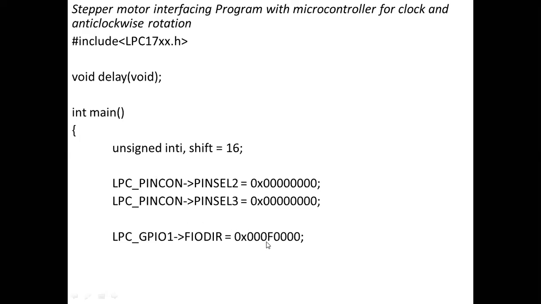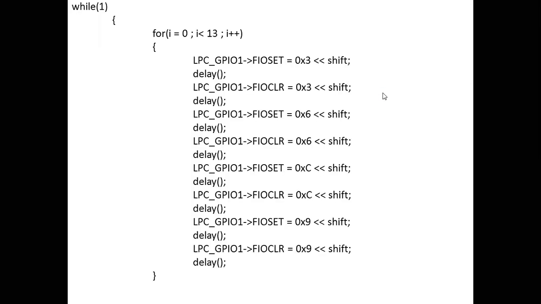So this is configuring pins 16, 17, 18, 19. You have configured pin numbers 16, 17, 18, 19 as output pins. That's why you are taking this FIO DIR 16, 17, 18, 19 as output pins. Again, you are loading the value 3.